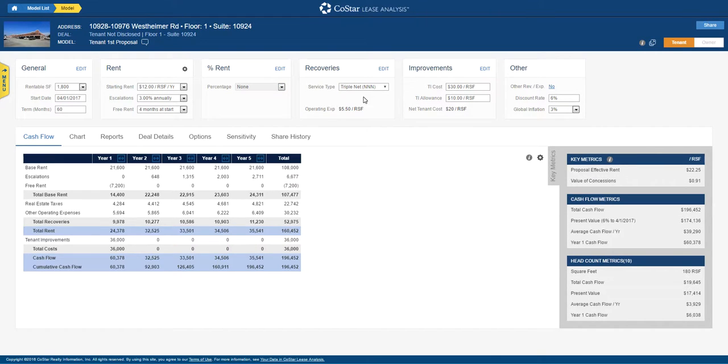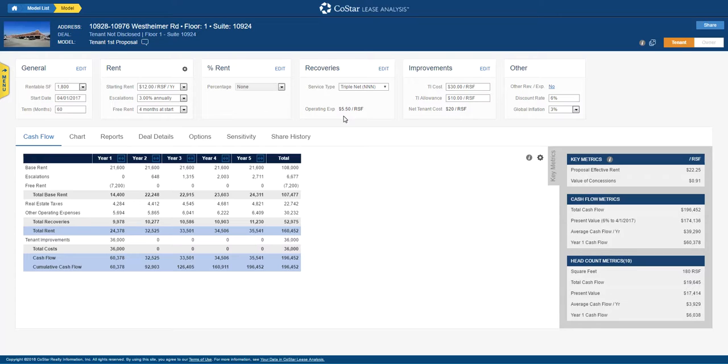Now, a triple net deal versus a gross lease, a lot of people have questions about that. I've done a video about it, but a triple net deal is basically describing the pass-through cost. Common area maintenance, taxes, and insurance on a triple net deal are separate. And you can see here, operating expenses are $5.50.